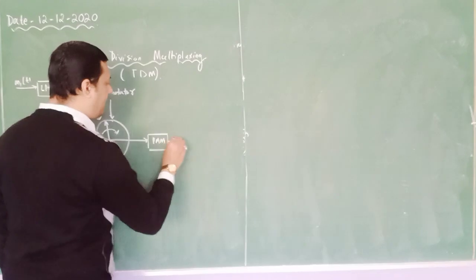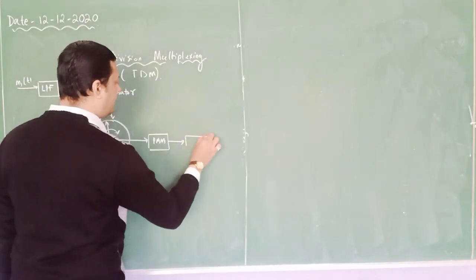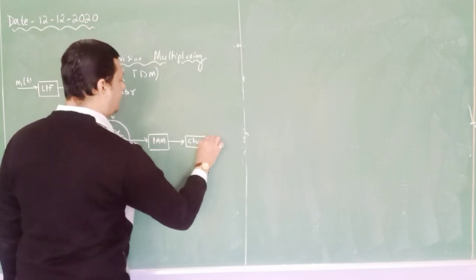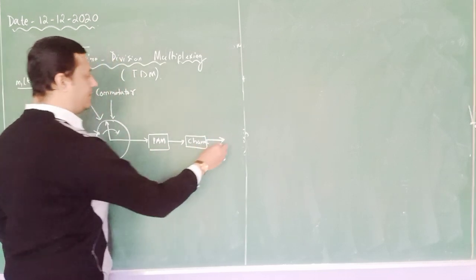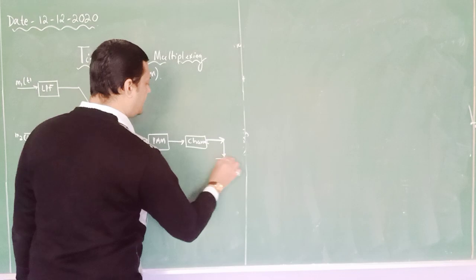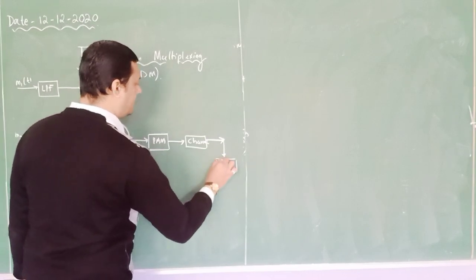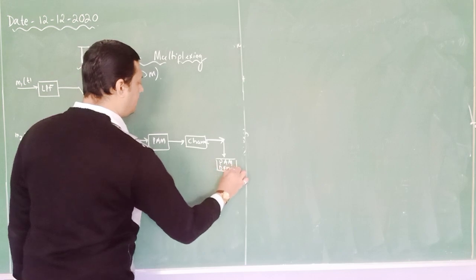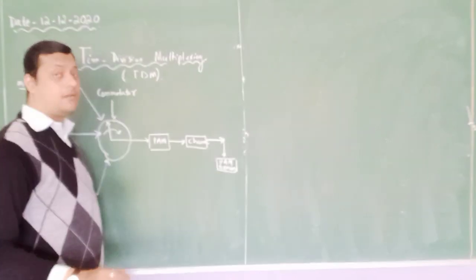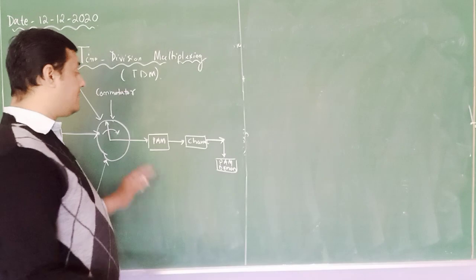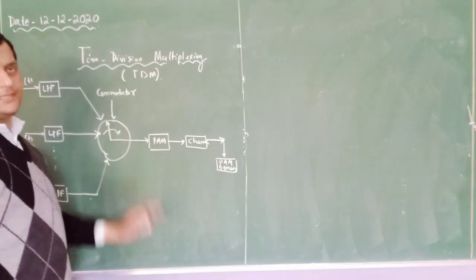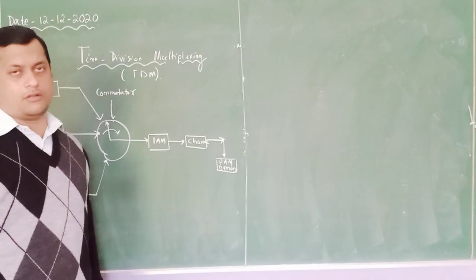So this PAM is then fed to a particular channel, and then at the receiver section it is called the PAM demodulator. PAM demodulation means reconstruction of the original signals M1, M2, M3 from the sampled signal, from the pulse amplitude modulated signal.